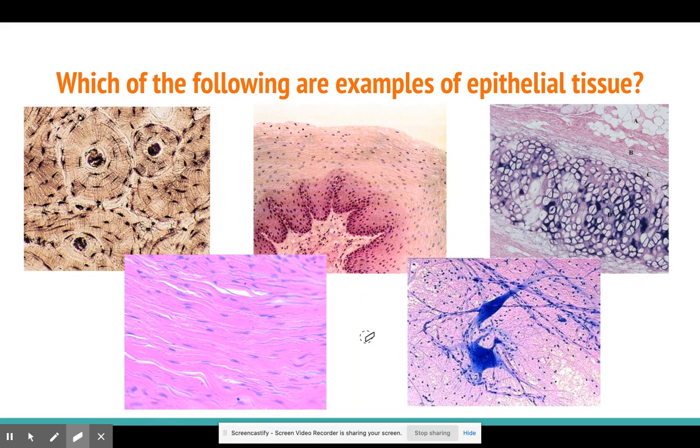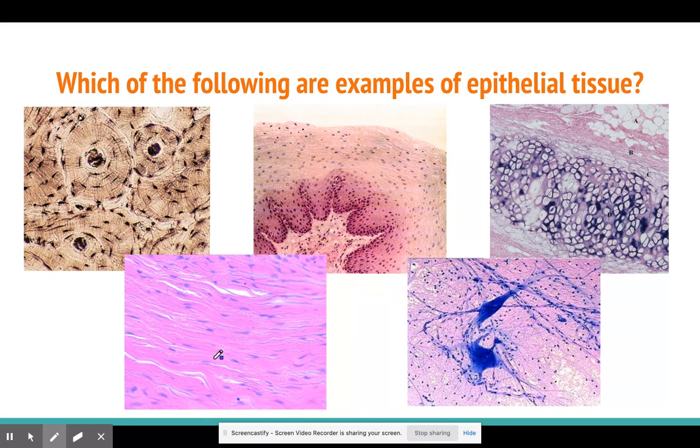So if you look, which ones do you think are mostly tightly packed together? I would probably think this one. And maybe this one. If you look at this picture here, you can see that these cells are in circular configuration.